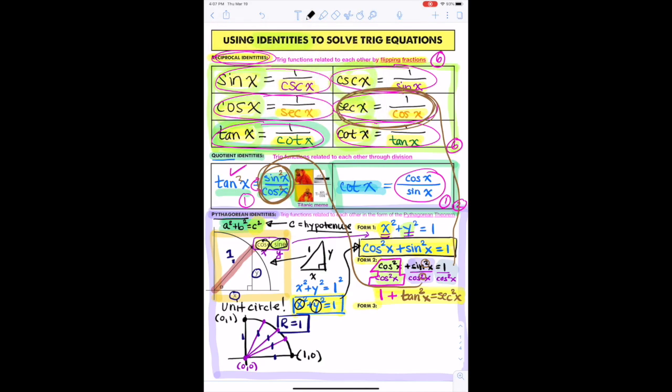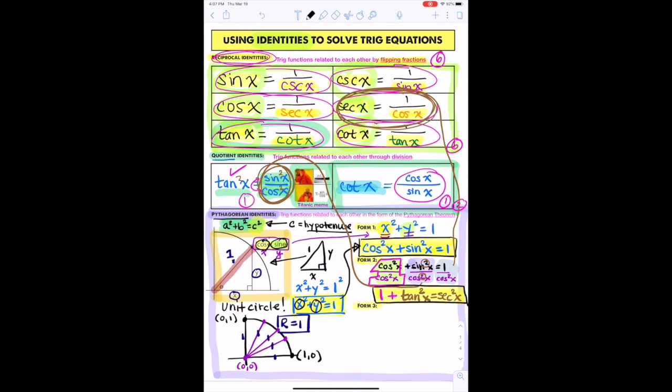Again, all I did was take the sine squared divided by the cosine squared and simplify. Cosine squared divided by cosine squared is 1. Sine squared divided by cosine squared is tangent squared from the quotient identity. And 1 divided by cosine squared is secant squared because of the reciprocal identity.